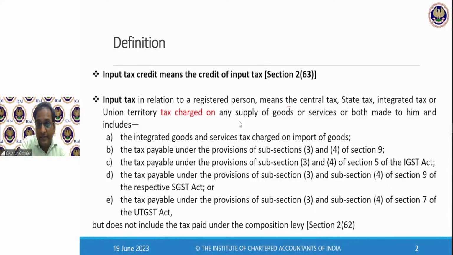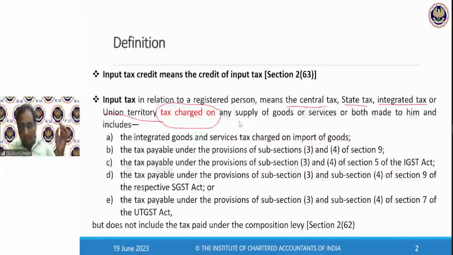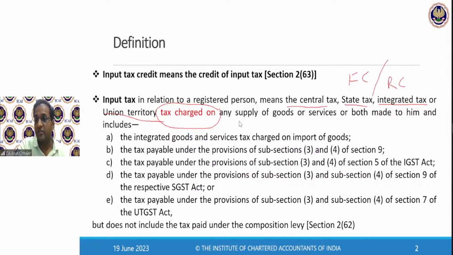Then it means the CGST, SGST, IGST or UTGST. They are saying any taxes. And after that, I have highlighted the words tax charged on any supply. It means suppose A is making the supply to B, then he is charging the GST on that supply. Can you please confirm whether this transaction will be forward charge or reverse charge?